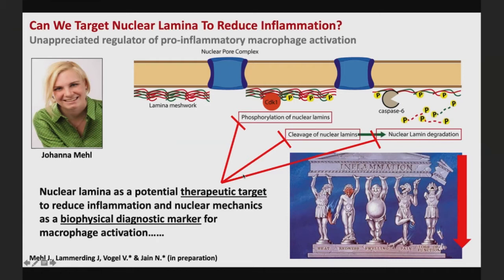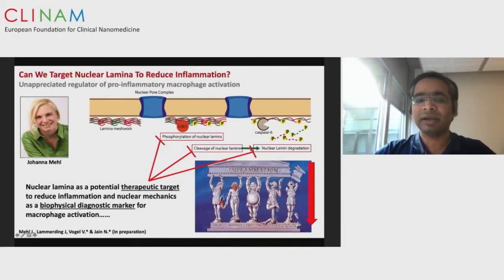We reduce all the metabolites which are necessary for inflammation, and the overactivation of these macrophages, which leads to loss of function, can be reduced by targeting most of these events, like phosphorylation or degradation of Lamin.